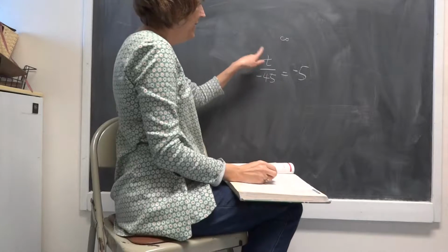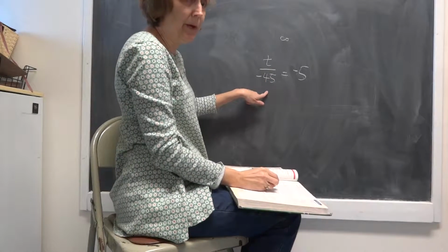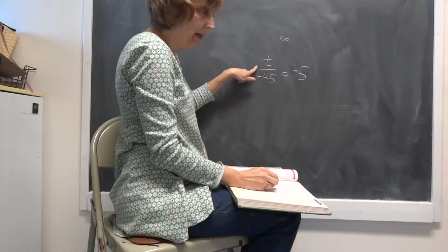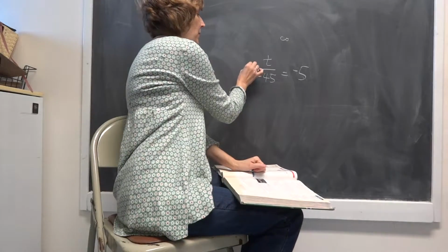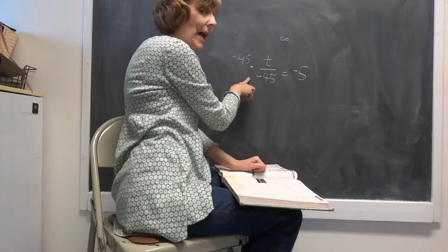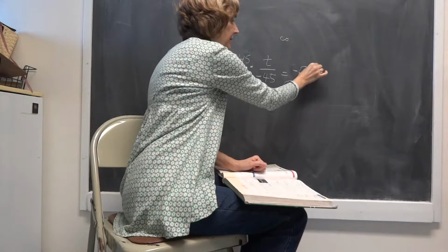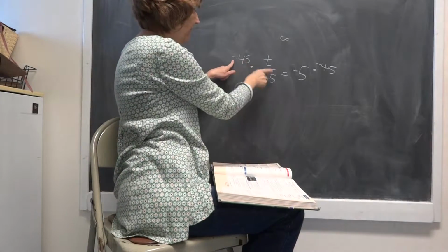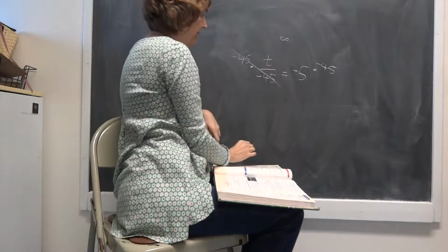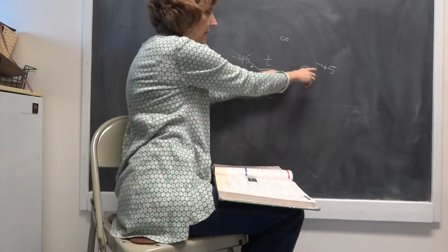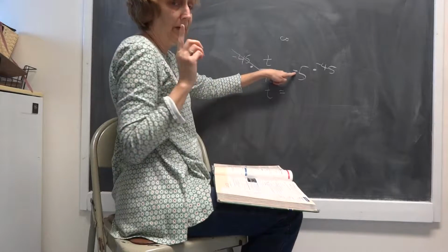In this case, negative 45 is in the denominator. To cancel it out, we're going to have to multiply by negative 45. Whatever we do to this side, we have to do to this side. Now if you notice, negative 45 cancels out with negative 45, and so you're left with T, positive T. Negative times a negative, that means the answer is going to be positive.